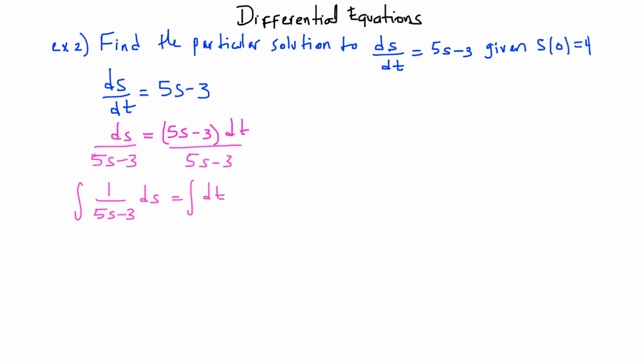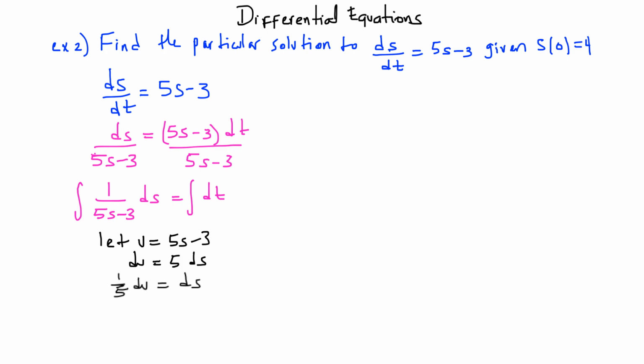And at this point, you can integrate both sides. So now integrating this, we probably need a substitution on the left-hand side. We can say let u be 5s minus 3. So then du is equal to 5 ds. Or, because we don't see a 5 ds in the original integral expression, we can say that 1/5 du is equal to ds.